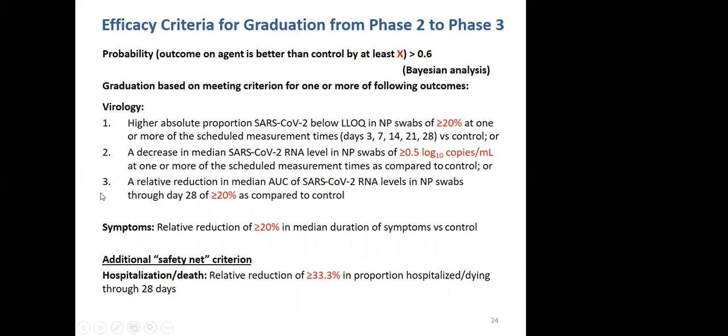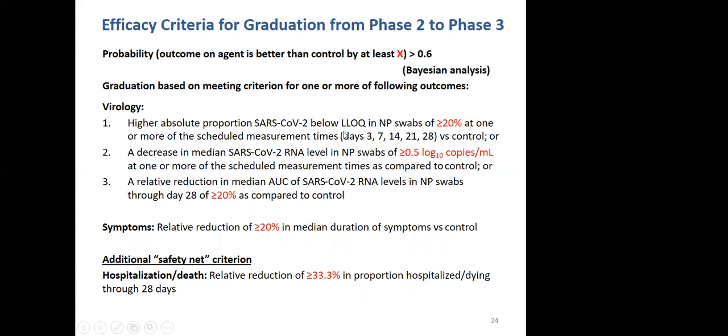And the markers we looked at were 3 virologic ones, and this reflects the fact that we thought these agents would have their effect through an antiviral effect. There are different ways of looking at the virology. So one was just looking at the absolute proportion of participants that had viral shedding below the limit of quantification of the assay at any one of these 5 different time points. So that's a sort of yes, no.